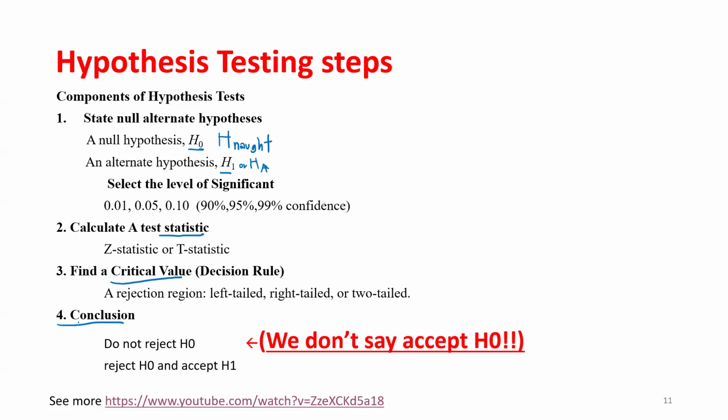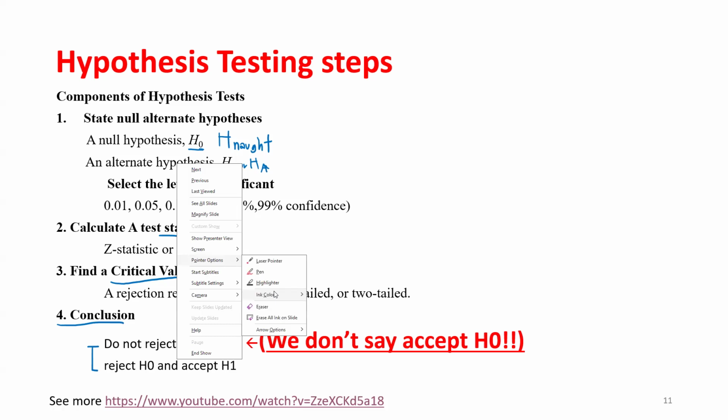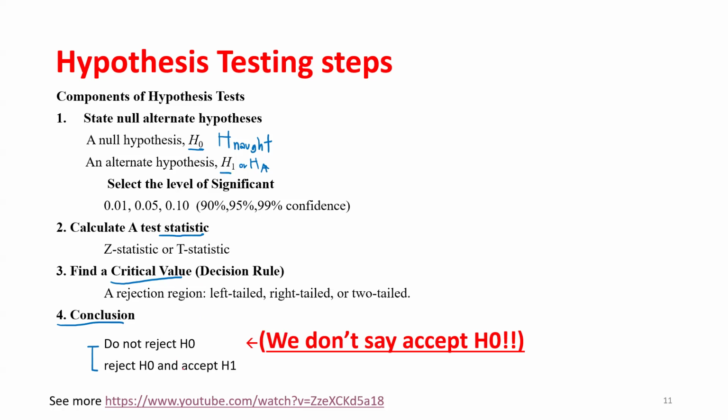We can either reject or not reject H naught. For H naught, we only use reject and not reject. You can say accept H1, but we don't say accept H naught ever.